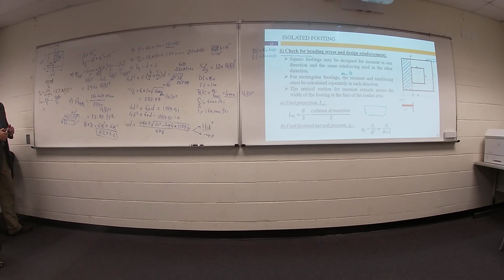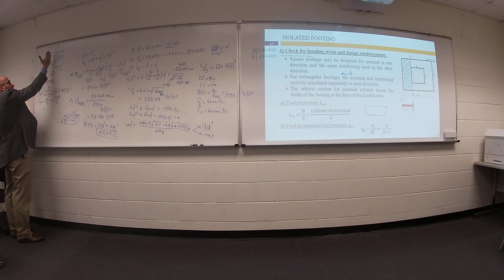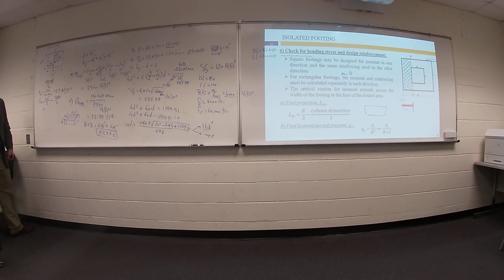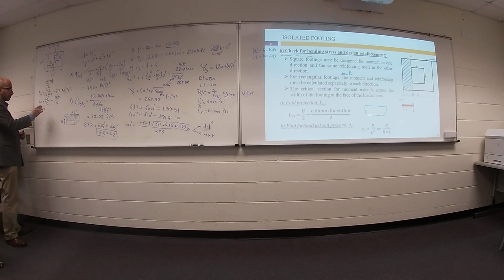Anyway, your distance from the face of the column to the edge of the footing equals 6.2 divided by 2 minus 15 divided by 12 divided by 2. Your value will be 2.475 feet.